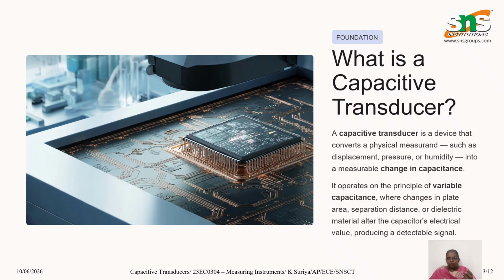The operation of a capacitive transducer is based on the principle of variable capacitance. Whenever there is a change in the area of overlap between the capacitor plates, the distance between the plates, or the dielectric material placed between them, the capacitance changes. By measuring this change, the physical quantity can be accurately determined.